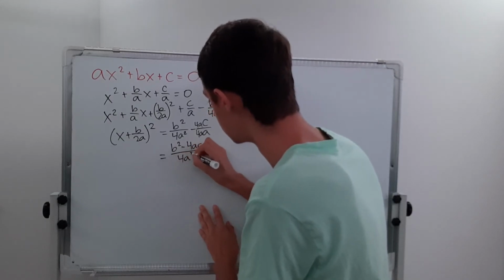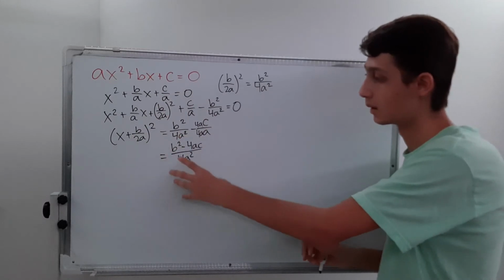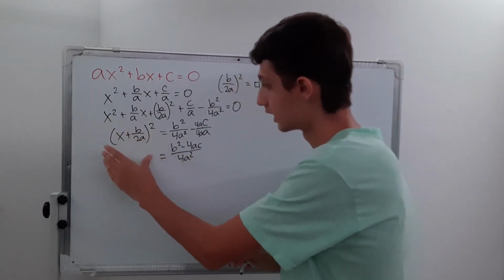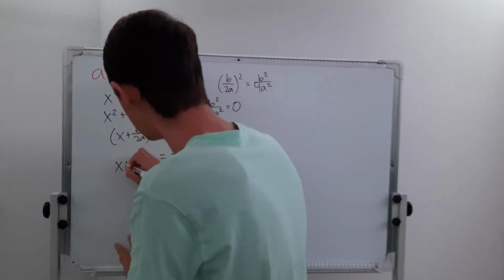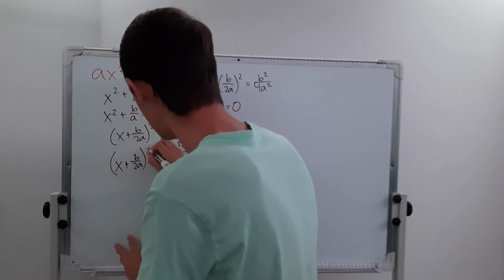So we completed the square, and we're combining the fractions, and now the left side is x plus b over 2a, and this whole thing is squared.